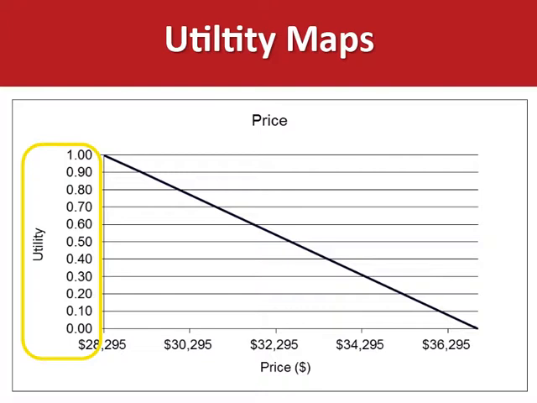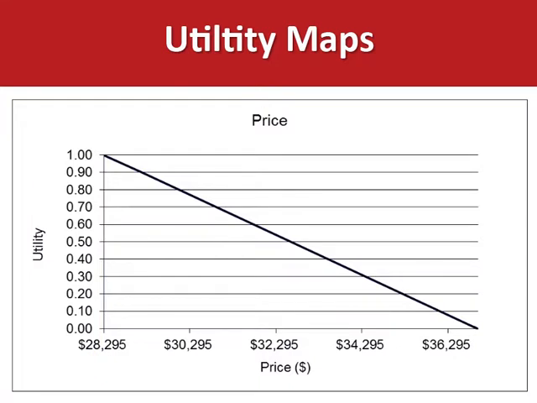And utility by convention is on the scale from 0 to 1, where 0 doesn't necessarily mean no utility, it just means the lowest utility among the alternatives, and 1 means the highest utility from among the alternatives. So by translating from dollars to utility, it gives us this common unit of measure.